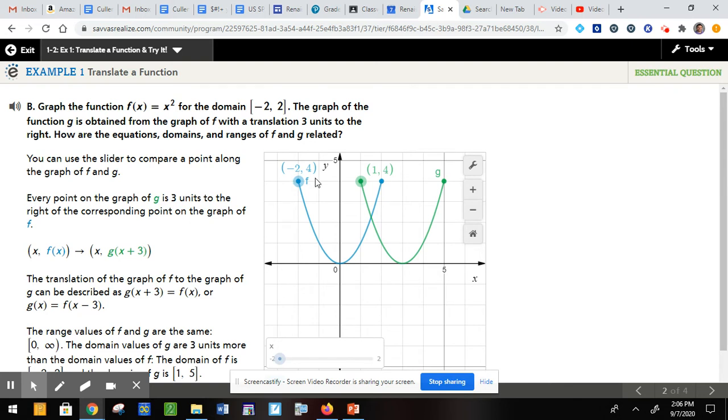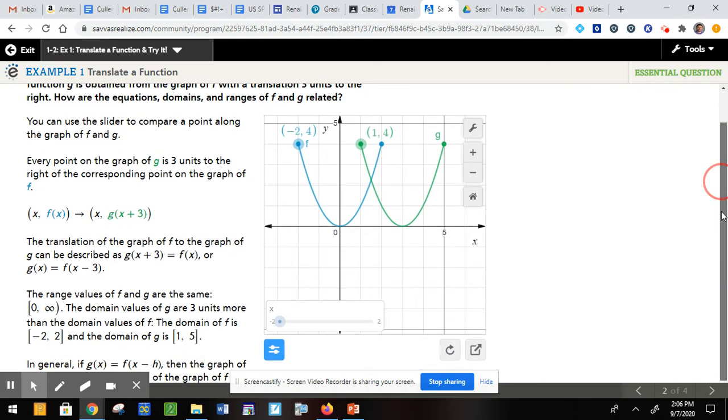So that means when I move horizontally, it affects the domain, not the range. On the last one, when we moved it up or down, that affected the range, not the domain. Very specifically, what's happening with this one is the adding 3 is on the inside.